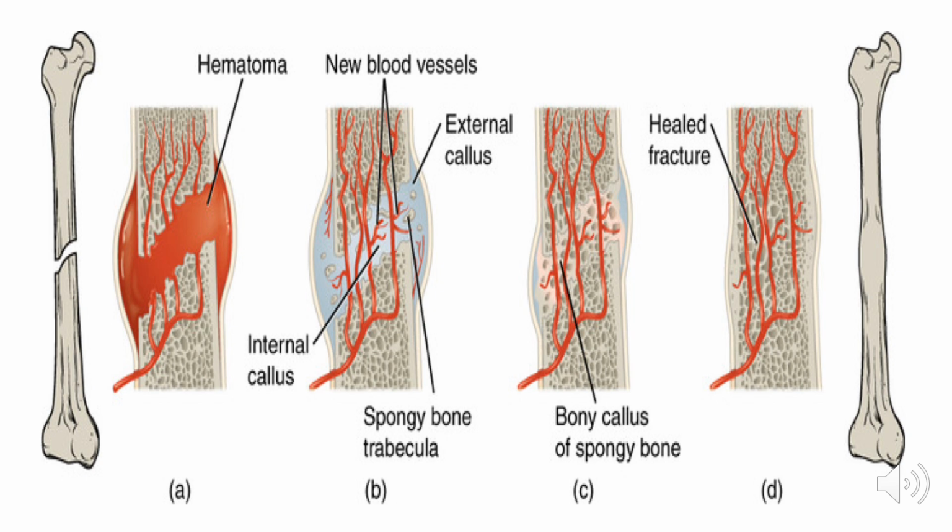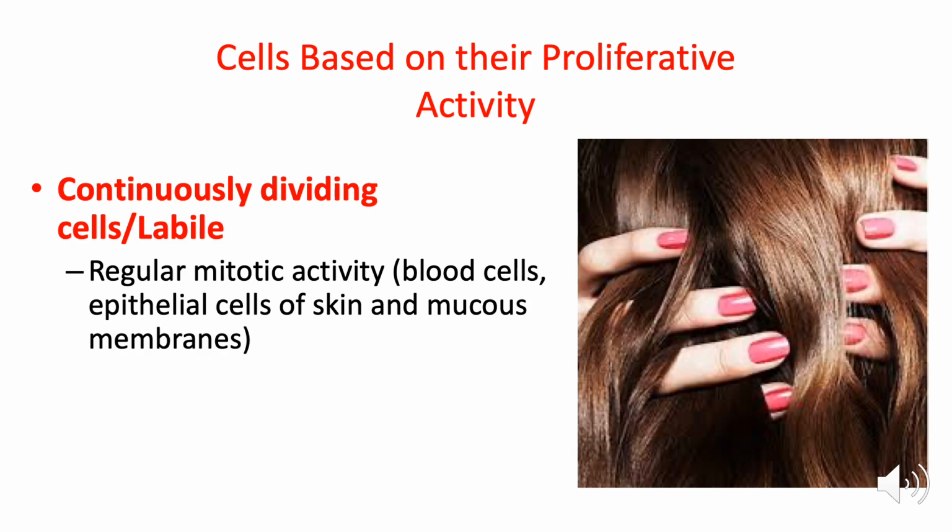The third group of cells based on proliferative activity are the ones that have regular mitotic activity, and we refer to them as continuously dividing cells or labile cells. Examples of these are the blood cells. Next, the cells of the epidermis of the scalp resulting in the formation of the hair. That's why the hair will always increase in length through time.